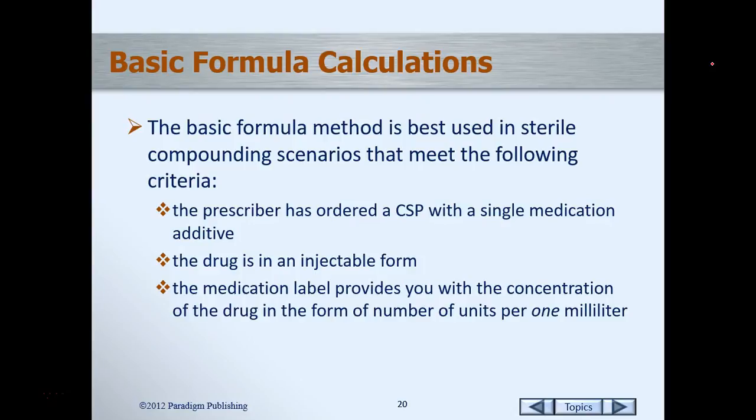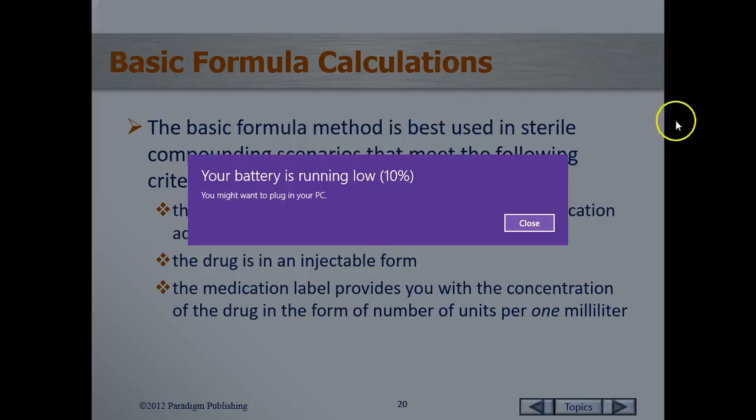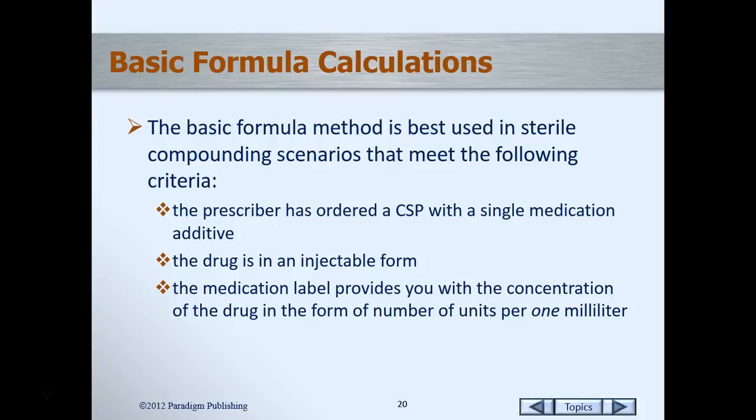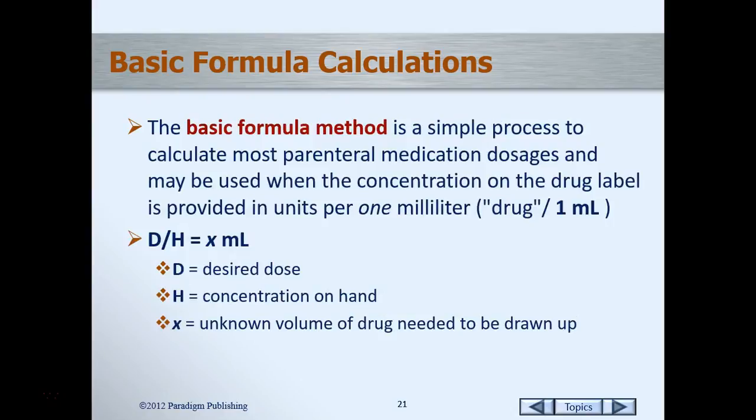So this is primarily when they order a single medication. It's in an injectable form, and most often it's easiest when you're using a 1 milliliter dose. The basic formula is D over H equals X. So D is the desired dose, H is the concentration we have on hand, and it's implied that it's over 1, so that's why we don't have any addition.